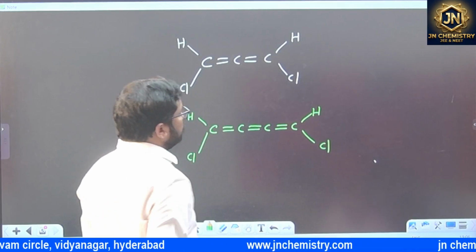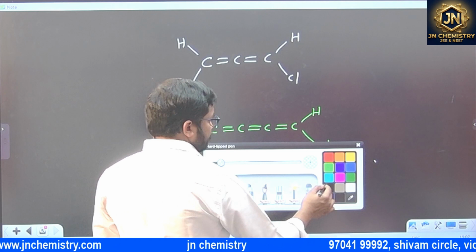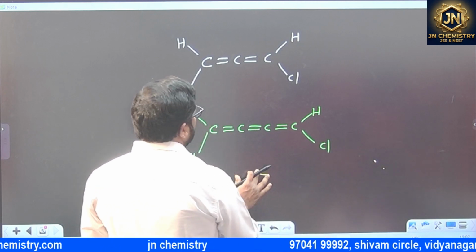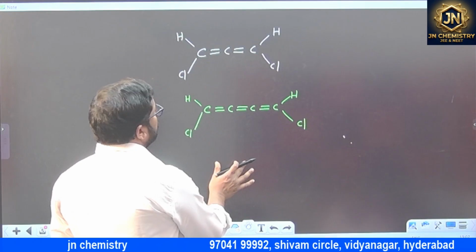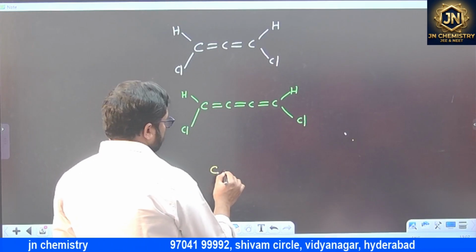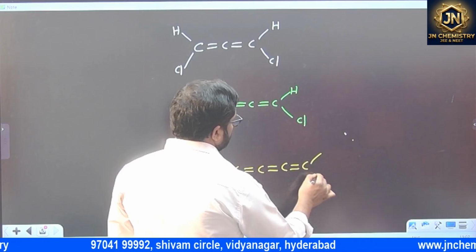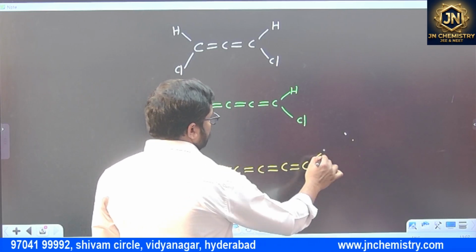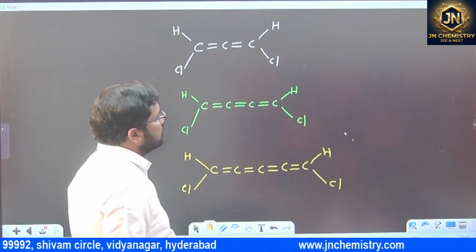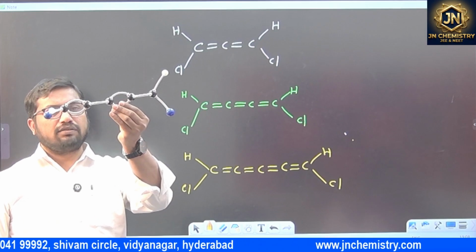So which one will show the geometrical isomerism, above one or below one? For example, if I am taking once again one more compound, which one will show the geometrical isomerism?